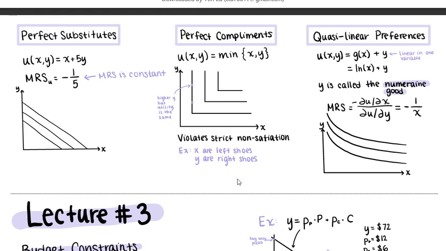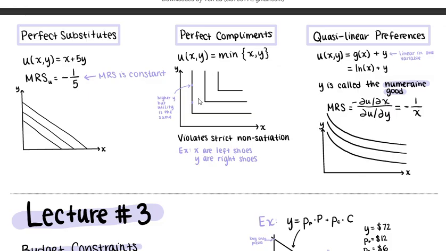And we also have this kind of curve, where let's assume the x-axis is right shoes. Given a certain amount of right shoes, whether you have more left shoes doesn't matter, because even if you have 100 left shoes, you only have a pair of shoes.